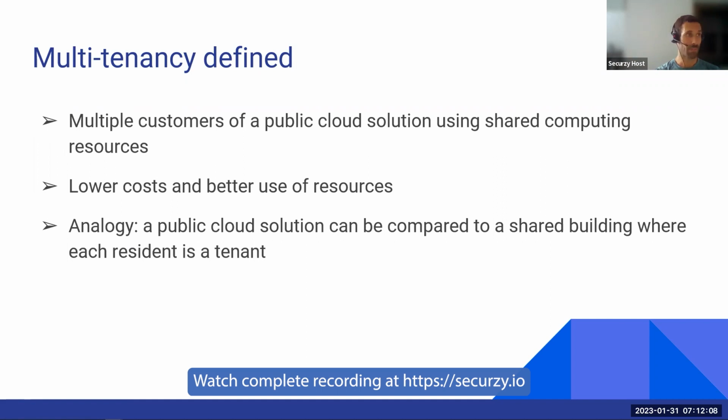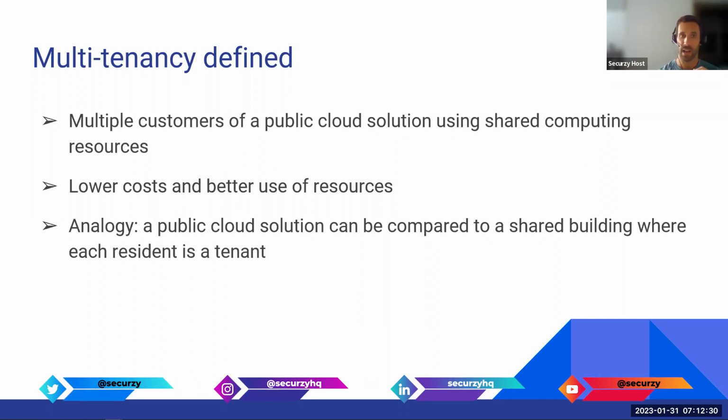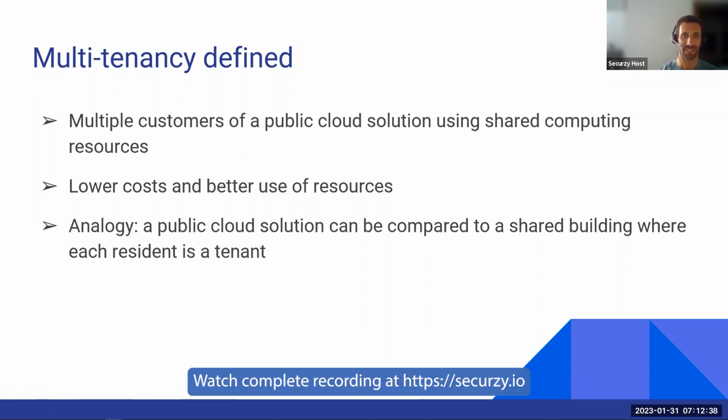All the different tenants share the common building, they share the elevator, maybe a rooftop terrace that is common for everyone. In the case of single tenancy, it's more like someone who lives in an individual house. The building is only for you. It's your private house. If you have a rooftop, it's just for you. And the same if you have an elevator. So that's the distinction between the two.